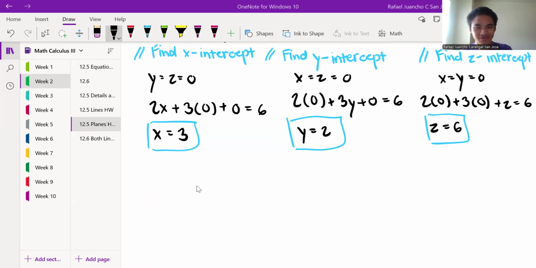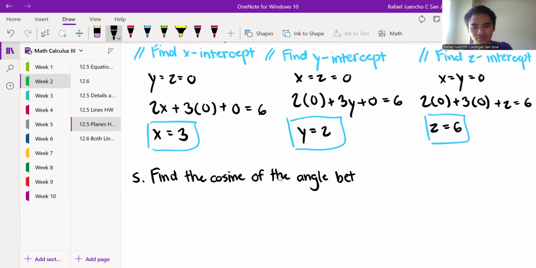Okay, now here's where we get to the more tricky parts of the problem. So for our next one, we want to find the cosine of the angle between planes.